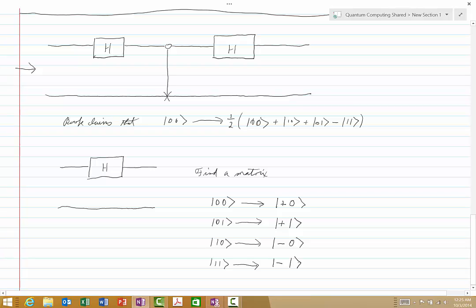Now let's express each one of these kets in terms of the standard basis. And when we do that, the first one will give us 1 over the square root of 2, 00, plus 1 over the square root of 2, 10. The second one will give us 1 over the square root of 2, 01, plus 1 over the square root of 2, 11.